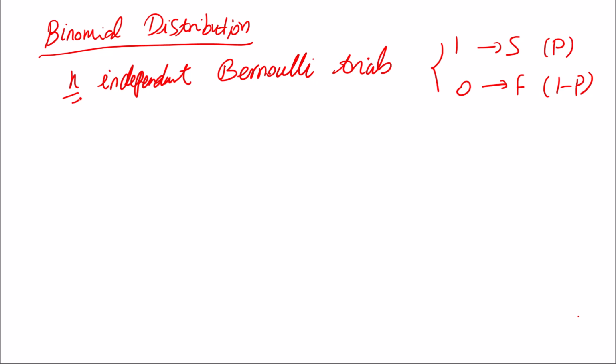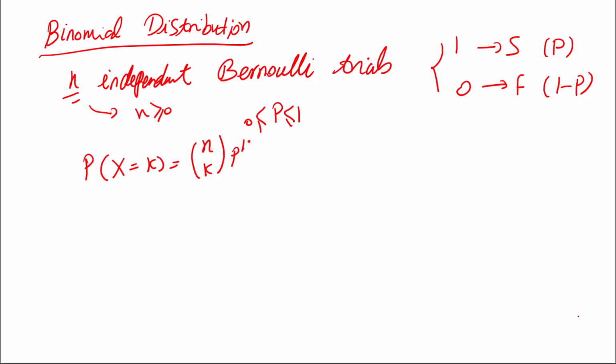So here, n is always greater than or equal to 0, and probability of success is always between 0 and 1, right? The PMF of a binomial random variable: if we have a random variable X, then we say P(X = k) is equal to the combination of n and k, times p to the power of k, times (1 minus p) to the power of n minus k.